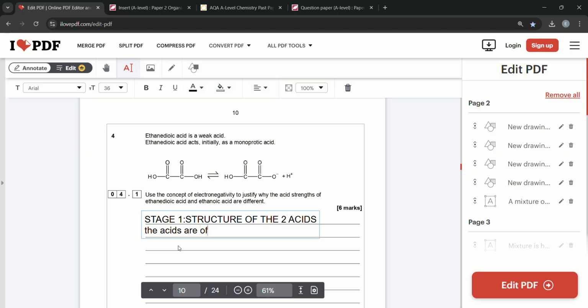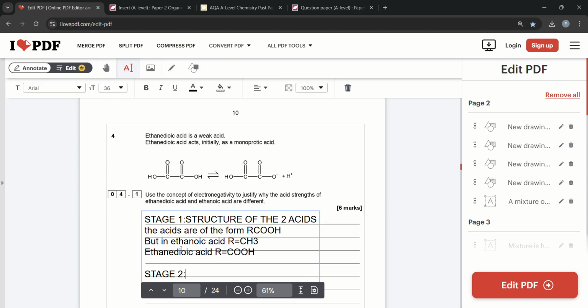The acids are of the form RCOOH, they're both carboxylic acids, but in ethanoic acid R equals CH3, in ethane dioic acid R equals COOH.